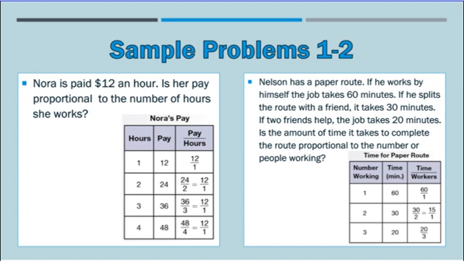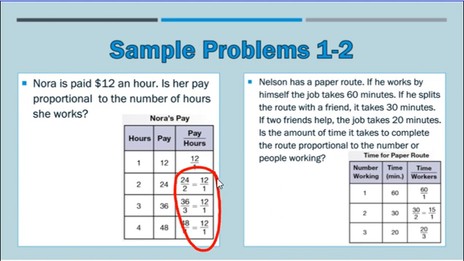So you simplify that, it's still 12 to 1. 3 hours, she gets paid $36. That's $36 to 3 hours, reduces to 12 to 1. And then 4 hours worked gets you $48. So 48 to 4 would be reduced to 12 to 1. Since the rate is the same, they all equal 12 over 1.